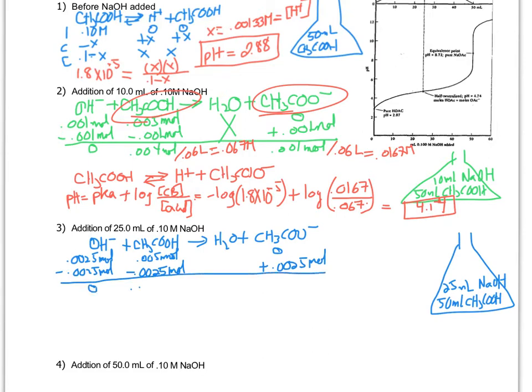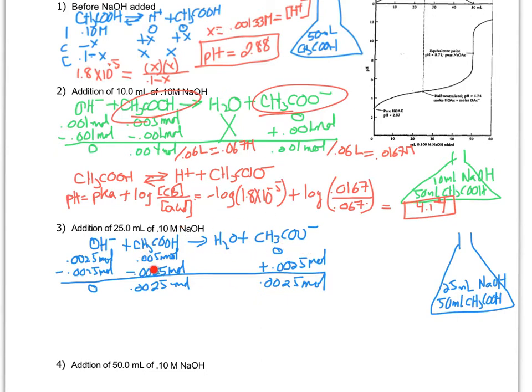This is 0.0025 moles, and this is 0.0025 moles. So let's look at what's left over at the end. Looks like I have some acetic acid and some acetate, so a weak acid and its conjugate, or a weak acid and its salt, however you want to look at it.